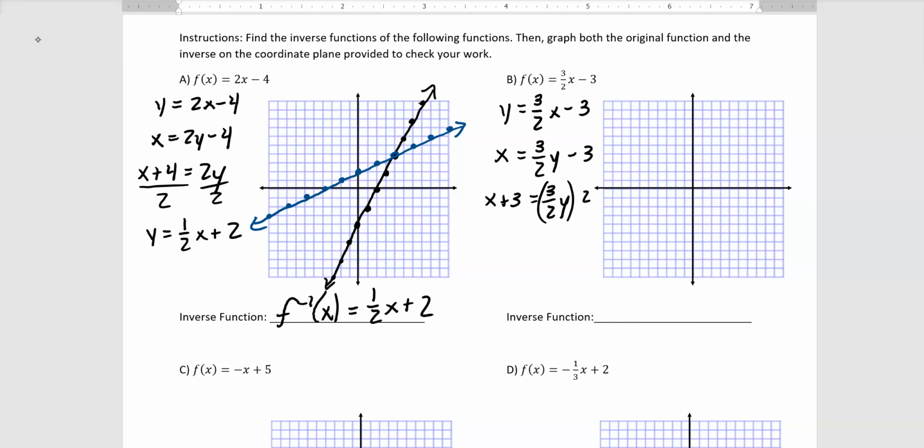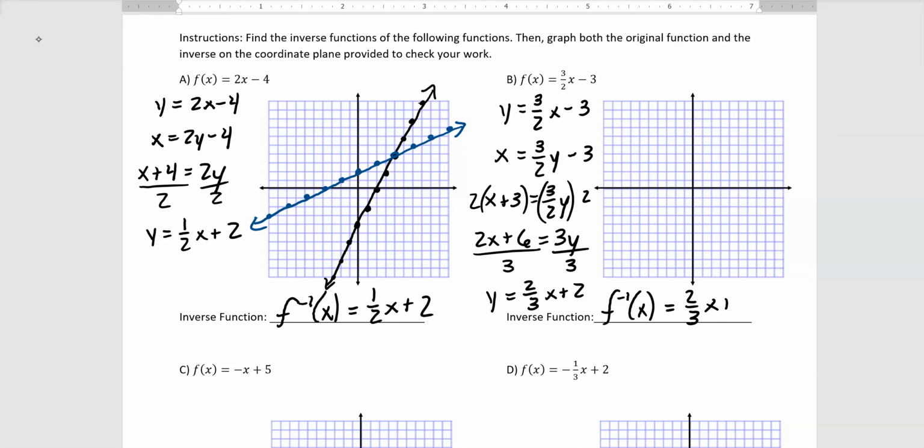To get rid of this fraction, I'm going to multiply both sides by 2. So I'll have 2x plus 6 equals 3y. And then to get y all by itself, divide it all by 3. So I would have y equals 2/3 x plus 2. So my inverse function would be f inverse of x equals 2/3 x plus 2.